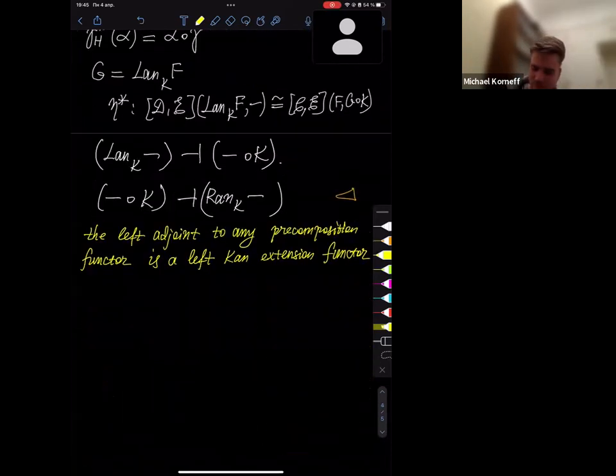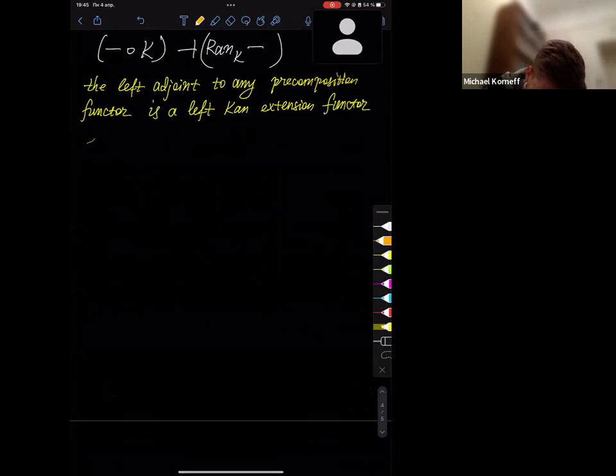Okay, as an example, this is an example from model categories: left and right derived functors.